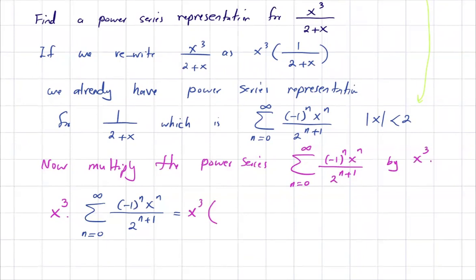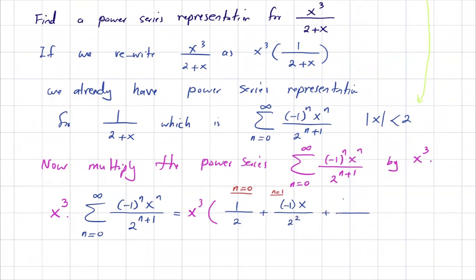But the terms of the series, as we saw, is basically written this way. When you plug in n equal to 0, we saw that the very first term becomes 1 divided by 2. Let's plug in 1 next. You get -1 to power 1 times x divided by 2 to power 2.